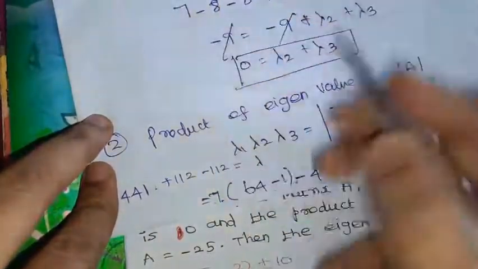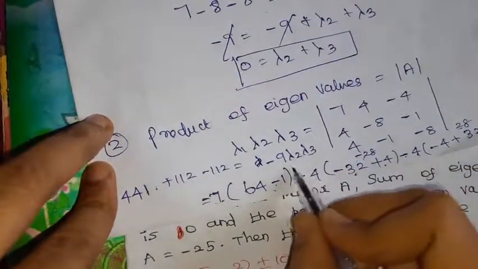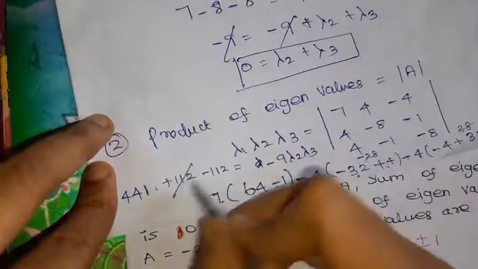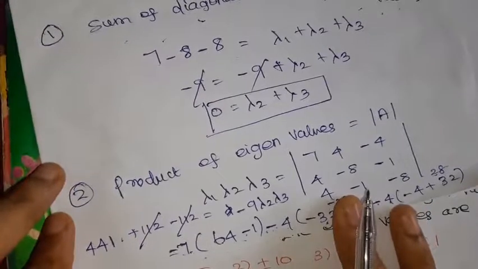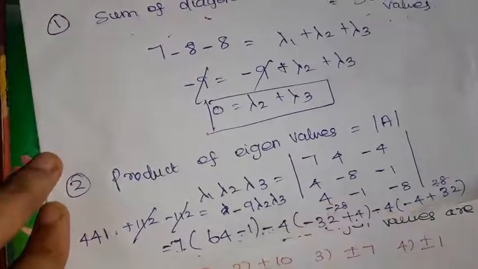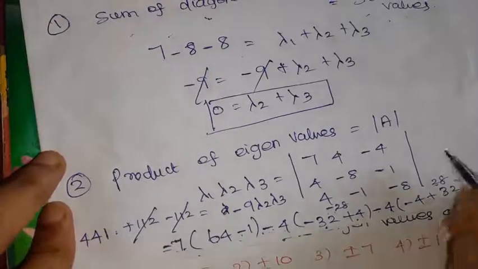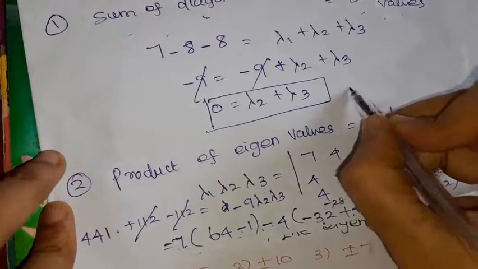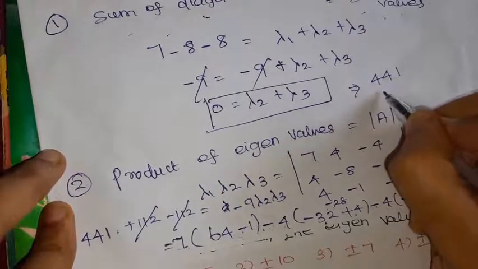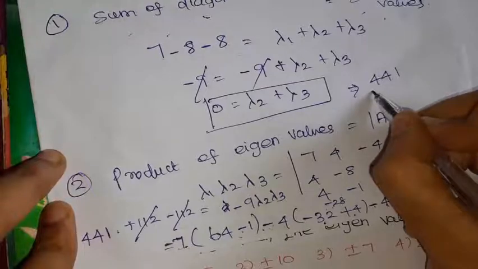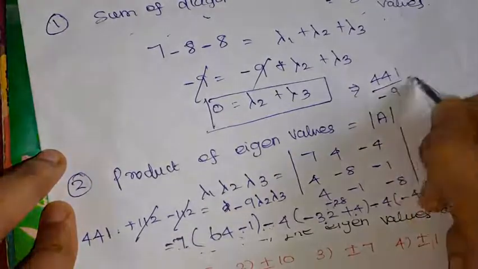Lambda 1 is minus 9, so I am substituting the lambda 1 value: 441 equals minus 9 into lambda 2 lambda 3. Here I am writing 441 divided by minus 9, what do we get?